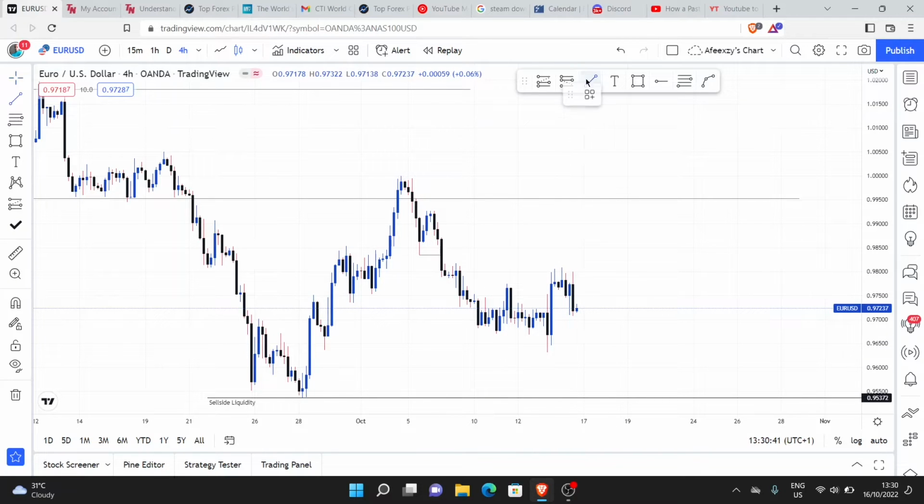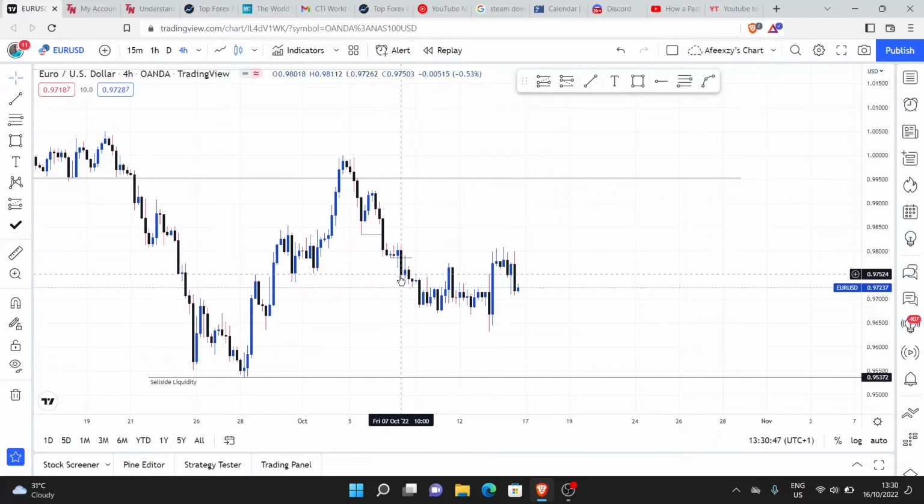And you can see it has been respecting these OBs here. It went down, came to this zone again, plummeted down, and since then EURUSD has been consolidating. This is not really clear. So if I am to approach this kind of market, I'll stay on the sideline.